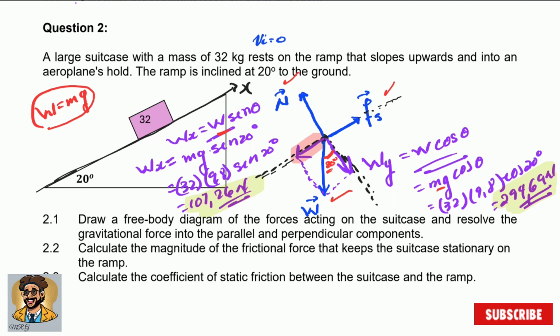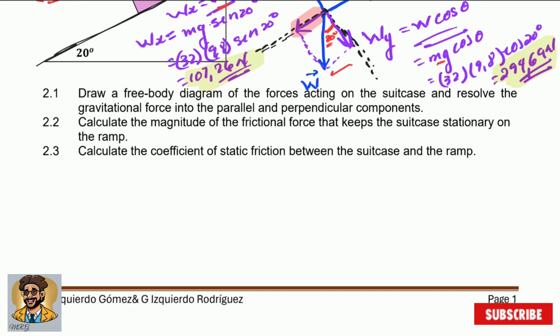Remember when we spoke about frictional force, we learned that if the frictional force is static, it will be equal to the applied force. So in other words, this frictional force is going to be equal to that force that is trying to move that object, just in the opposite direction. So we can come here to this side, there is enough space here, and this one is question 2.2.